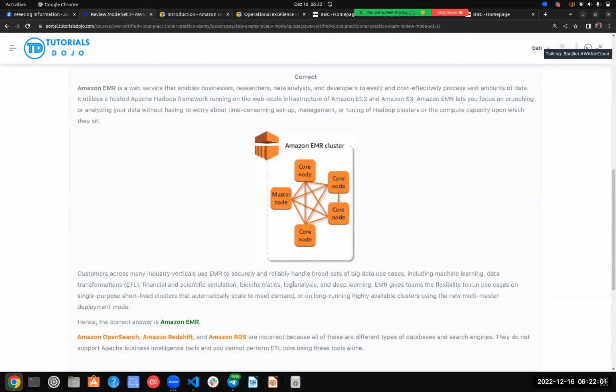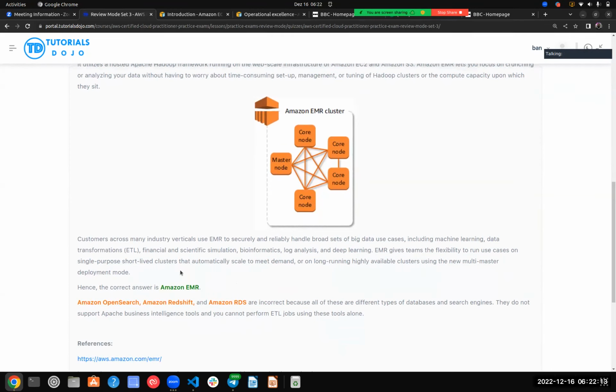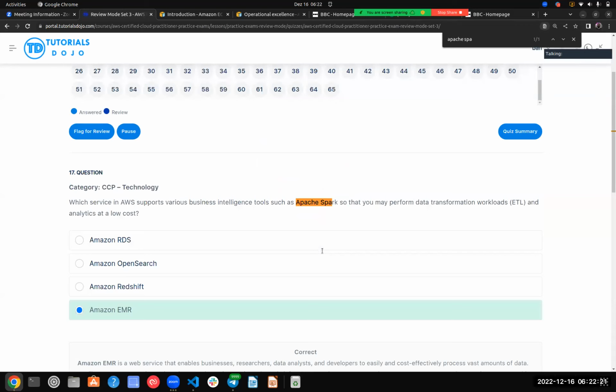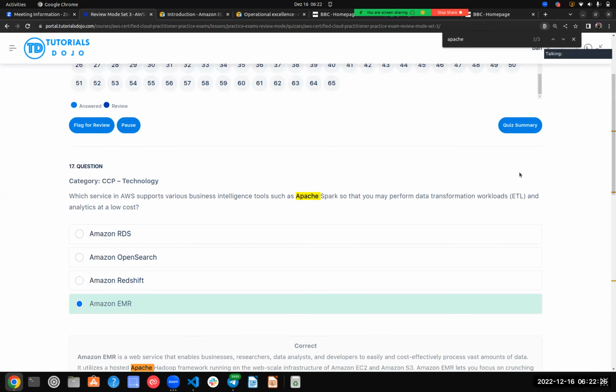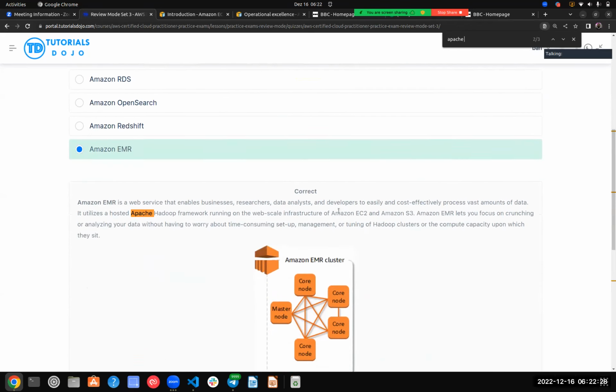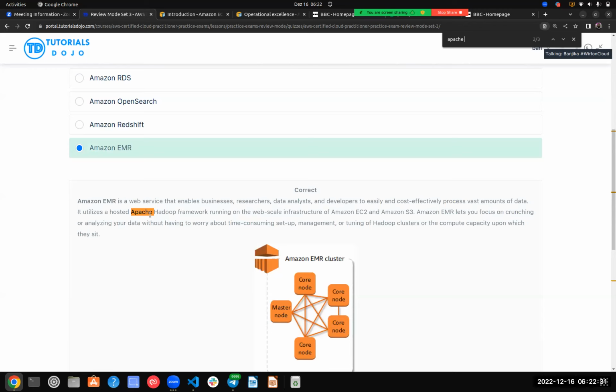So I'm trying to look at the statement for Apache Spark. You see, EMR is a hosted Apache Hadoop framework, and the Hadoop framework involves different tools.